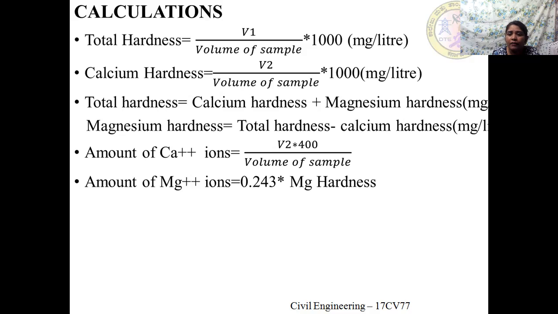We can also find out, depending on the total hardness, whether the water is soft, hard, moderately hard, or very hard. In this way, we can tabulate our results and come to the conclusion.